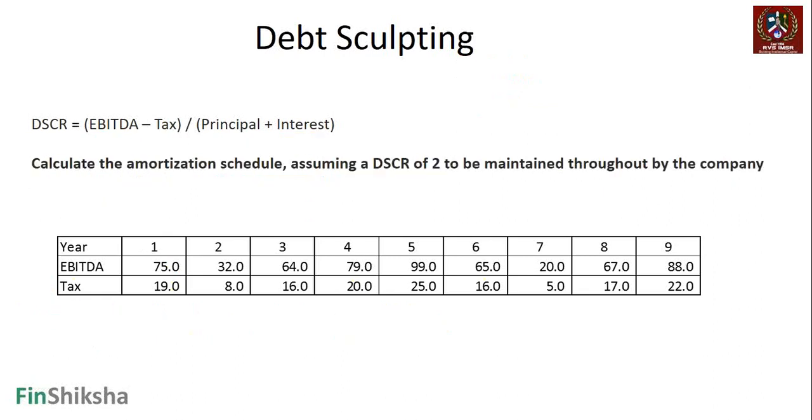Now, what is the question? Let's assume the company wants to maintain a DSCR of 2. So what is the equation? Debt service coverage ratio is equal to cash flow available for debt service divided by principal plus interest, right?